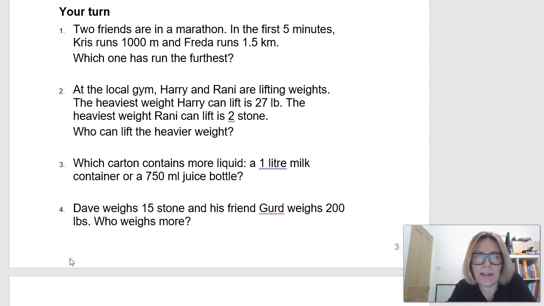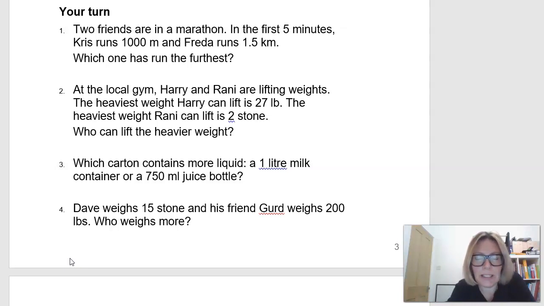The heaviest weight Harry can lift is 27 pounds, and the heaviest weight Rani can lift is 2 stone. Who can lift the heavier weight? Well, there are 14 pounds in 1 stone, so 2 stone would be 28 pounds. So Rani can lift 28 pounds and Harry can lift 27. So Rani can lift the heaviest weight.